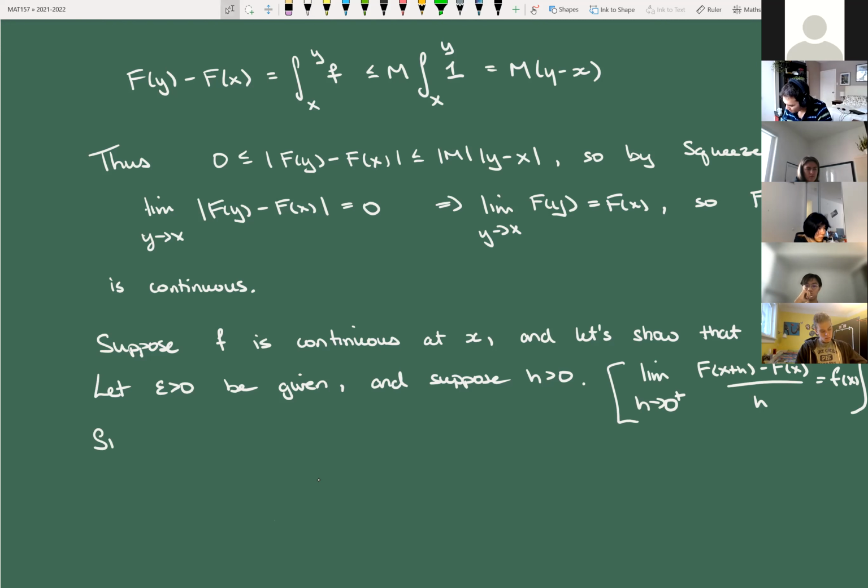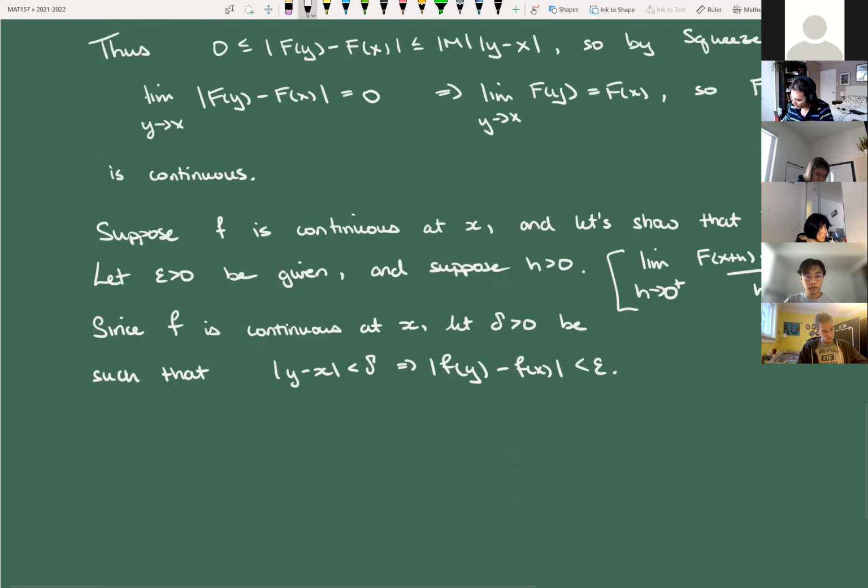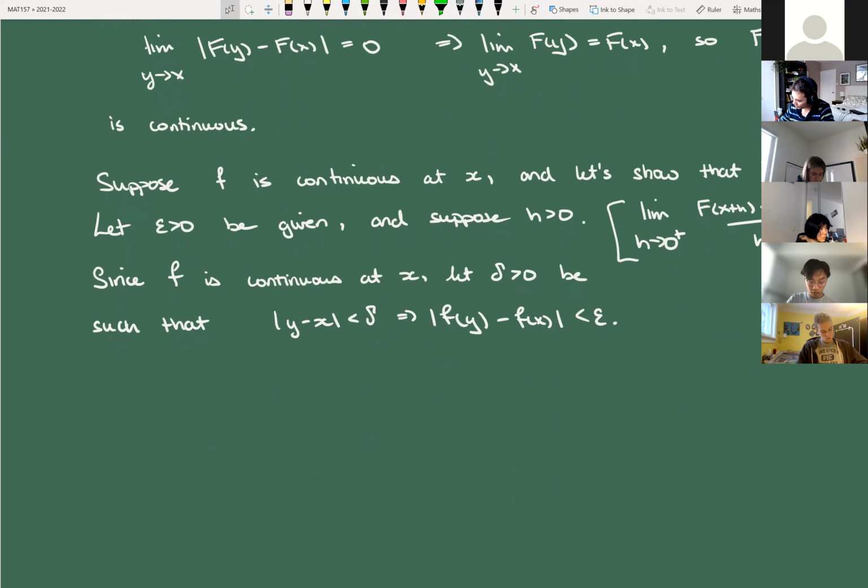So since little f is continuous at x, let delta be such that the absolute value of y minus x less than delta implies that the absolute value of f of y minus f of x is less than epsilon, right? So we're saying choose the delta that works for continuity of little f at x. And now let's play around with this difference quotient.